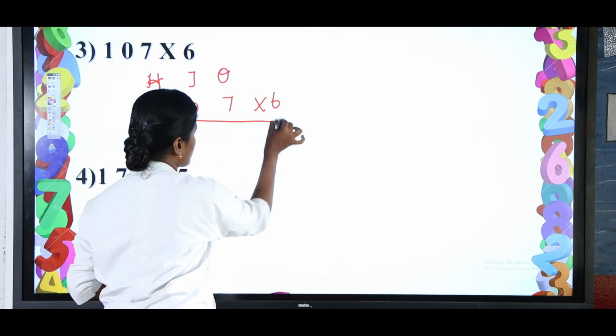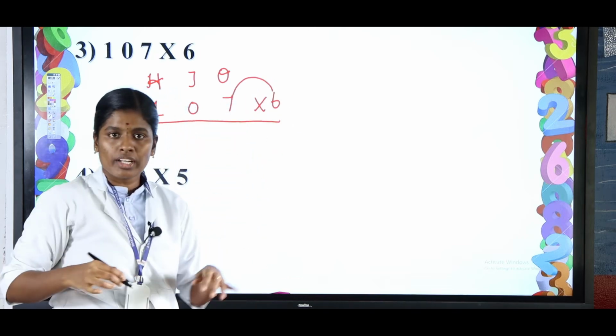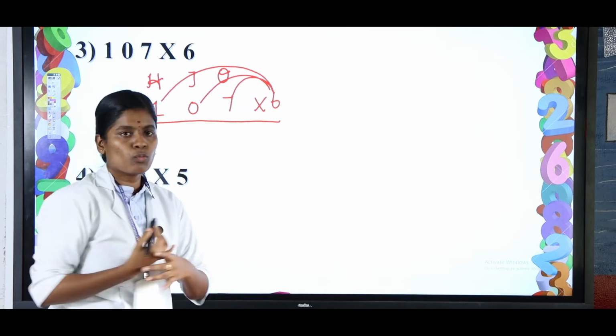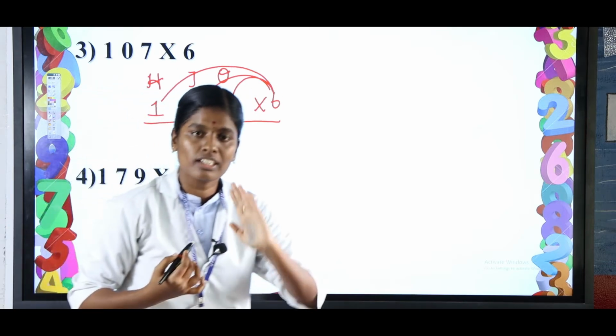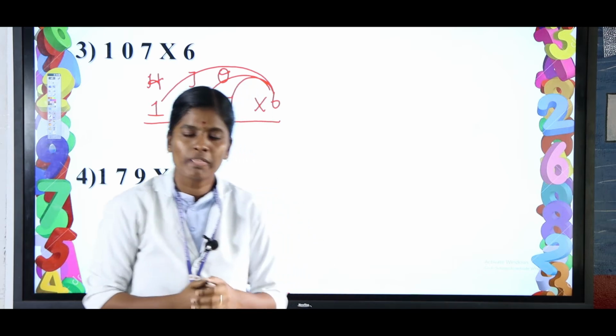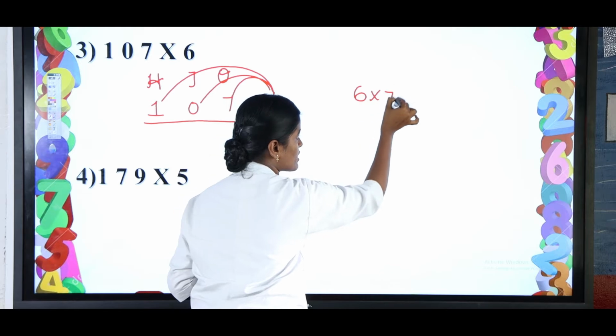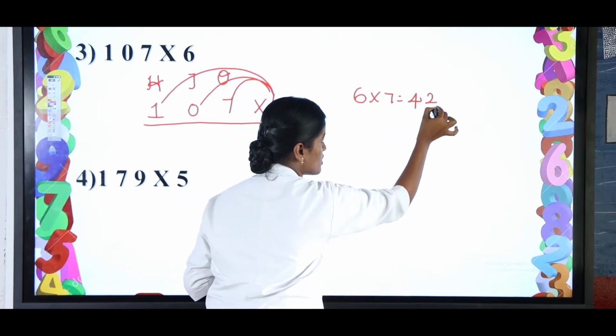Now we will take 6 and multiply by 7, 6 multiply by 0, and 6 multiply by 1. So already you know that 6 sevens are 42. Here 4 is in the tens place and 2 in the ones place.